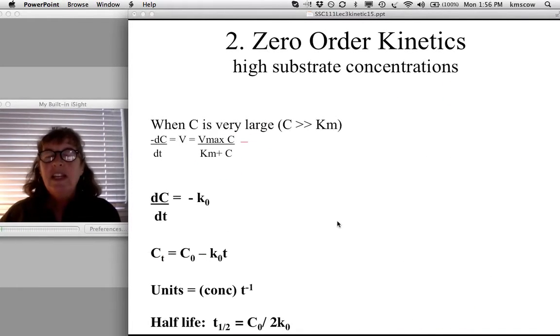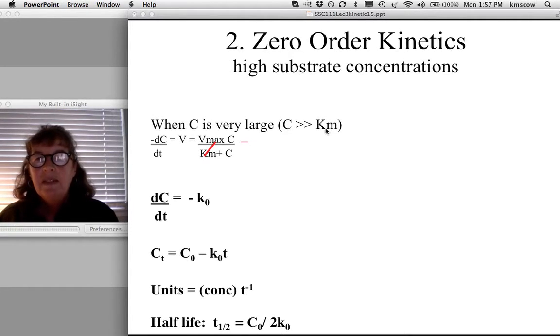Okay, zero order kinetics is the other simple expression that can be derived from the mother, Michaelis-Menten kinetics, that applies not to low substrate concentrations, but to high substrate concentrations. So when the concentration is very large, in this case, much higher than Km, then what happens is that the Km term is negligible, and so can be crossed out, right?